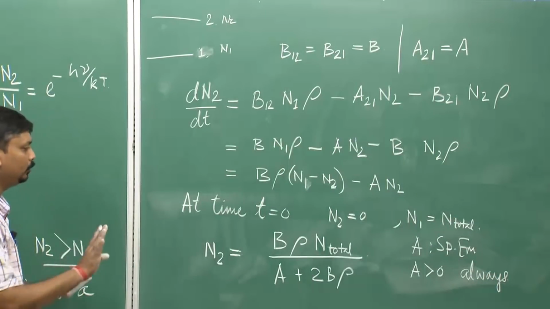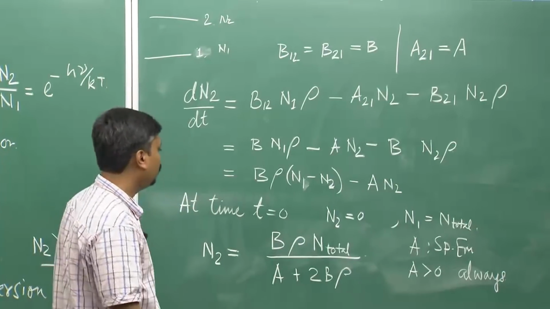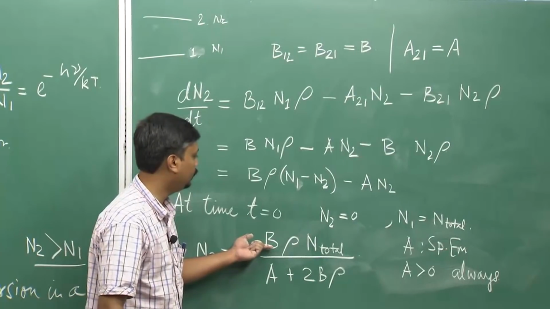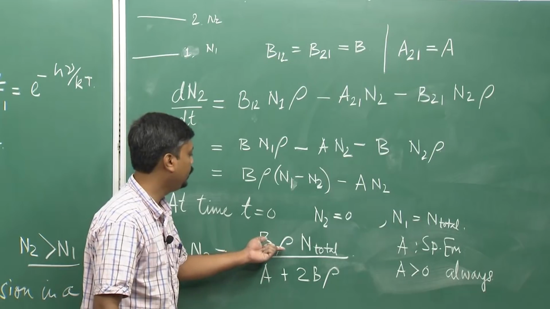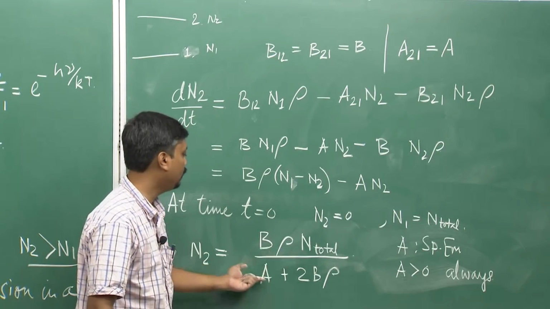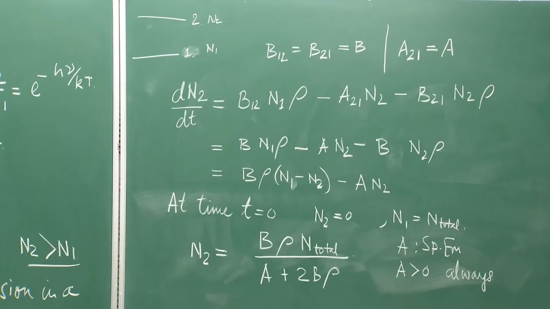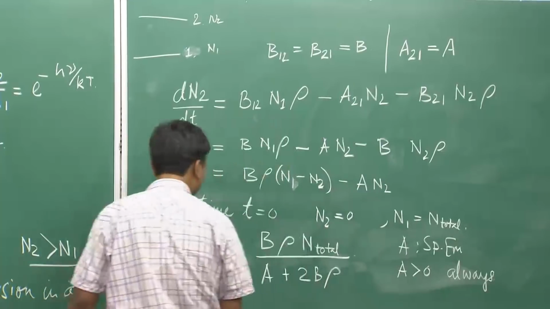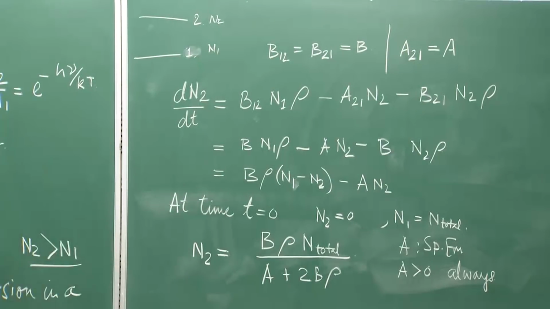This constant, this condition is there. Okay. So, I have here this B rho n total by this one. So, let me write it over here.